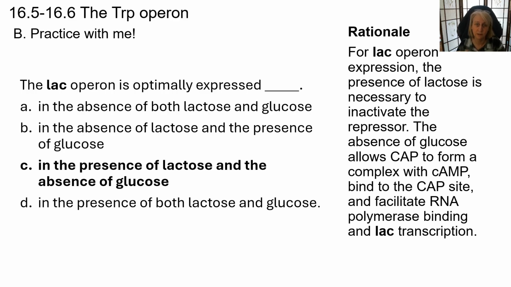The presence of lactose is going to remove the block from the operator. We're going to induce the operon. And the lack of glucose means that there's really high levels of cyclic AMP that activates a lot of CAP, that stabilizes RNA polymerase and allows transcription to occur as efficiently as possible. And that's my rationale for you.